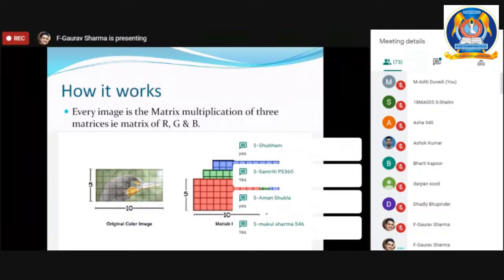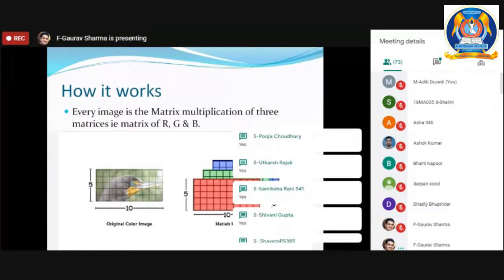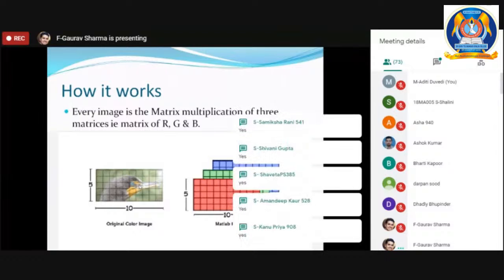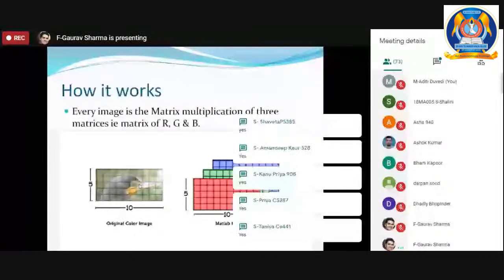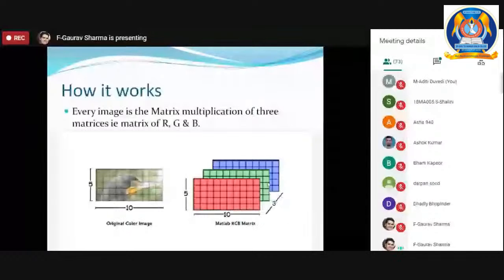Okay, thank you. So you see, for every image, the first matrix is related to red, the second is green, and the third is blue. The resulting picture will be just a matrix multiplication of these three matrices.